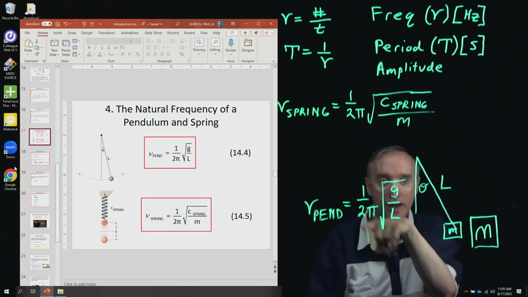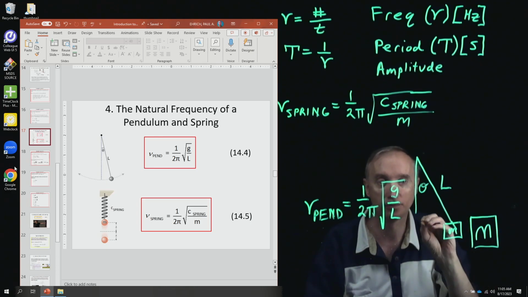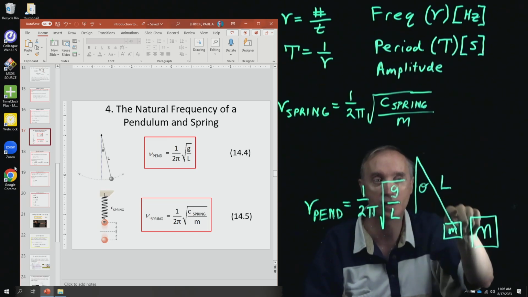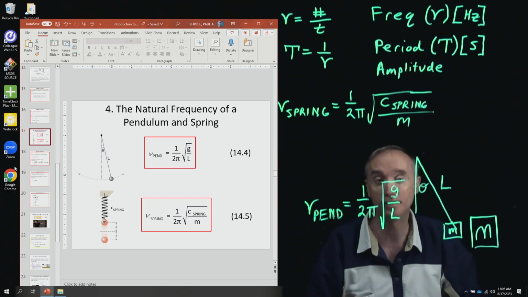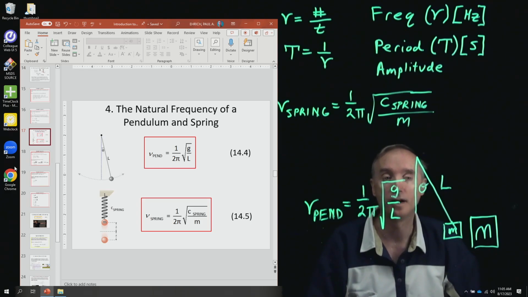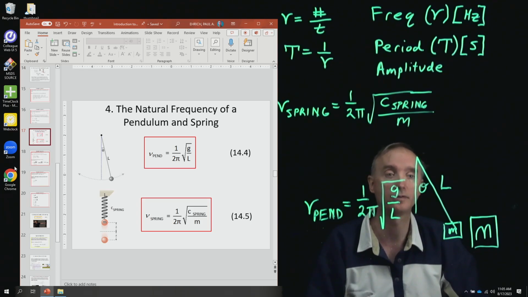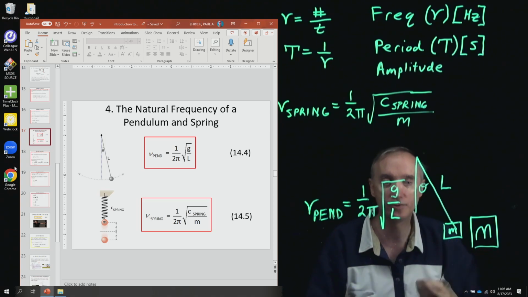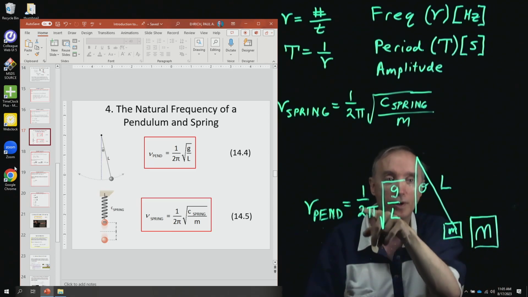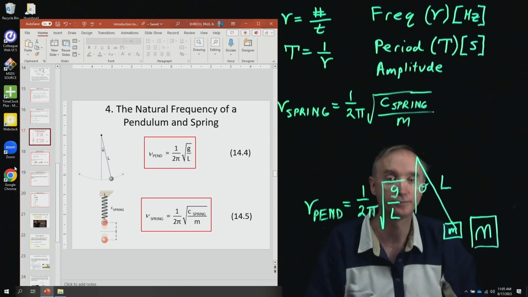They would both swing back and forth with the same frequency as long as they had the same length. Now, in fact, there is wind resistance, and so that is going to affect it. But assuming you're doing it in a vacuum chamber where there is no air resistance, then the two of them would swing at the same rate.